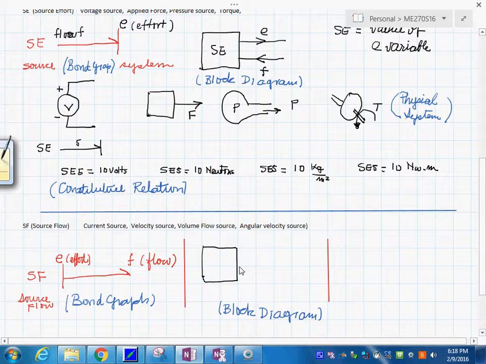So being consistent with what we were doing up here, I would like to do it in the 4 energy domains that are represented over there.